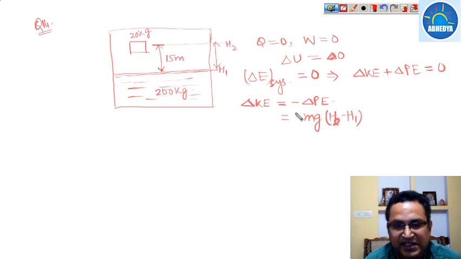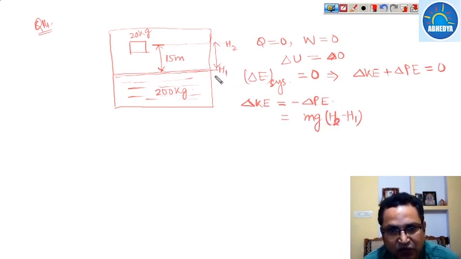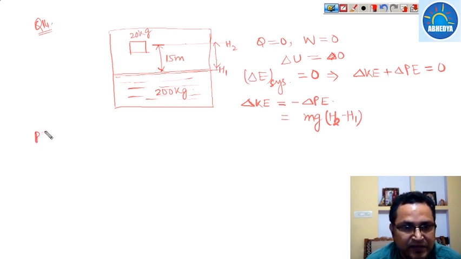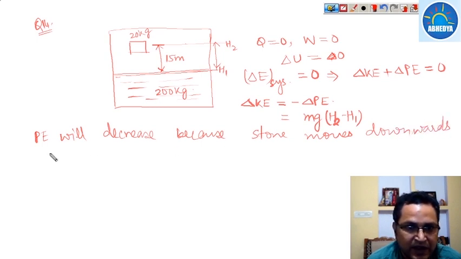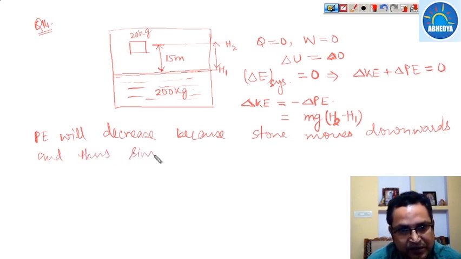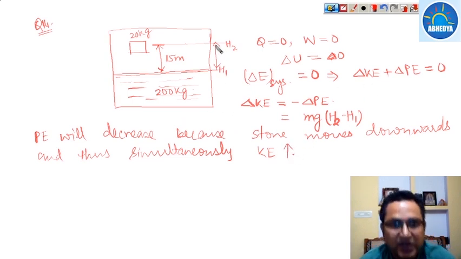So potential energy will decrease because the stone moves downward, and simultaneously kinetic energy increases. Okay, so kinetic energy will increase and potential energy will decrease.